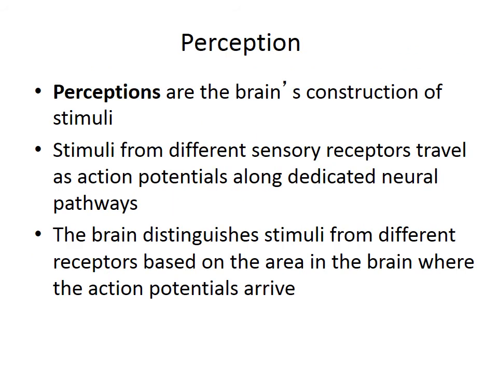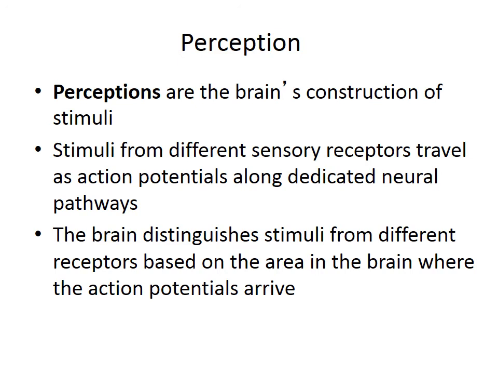Perceptions are the brain's construction of stimuli. So what we perceive as a stimulus does not necessarily mean that the other person perceives it in the same way, or the other animal perceives it in the same way.